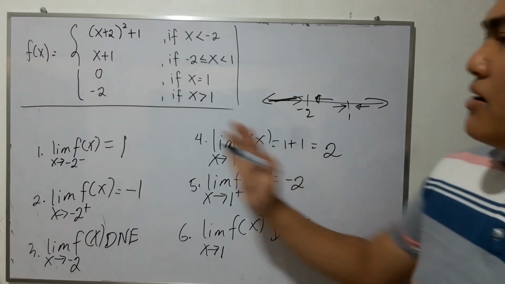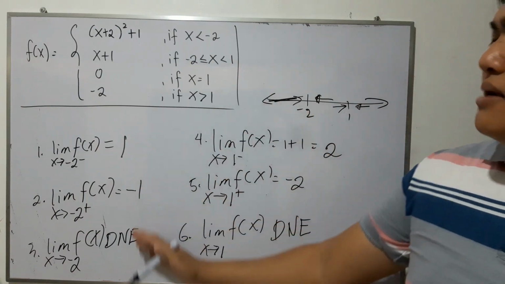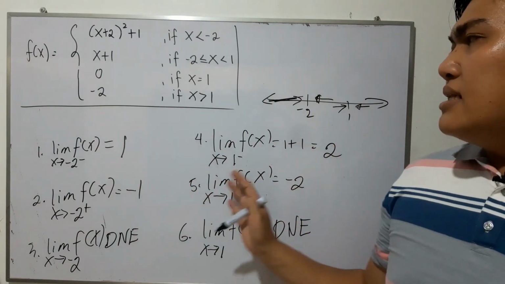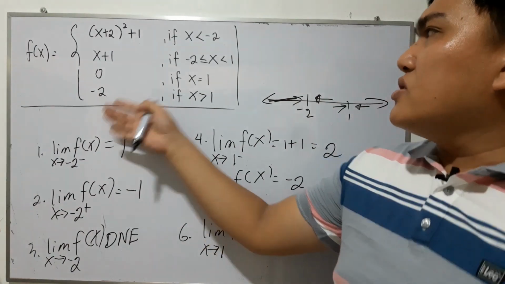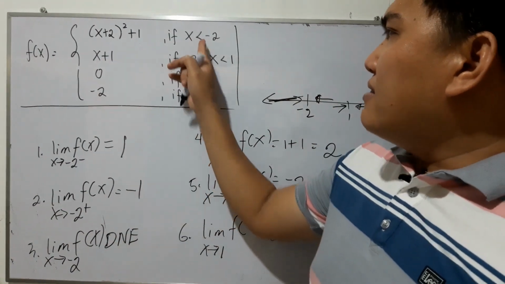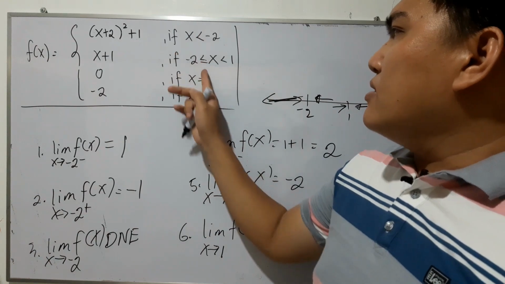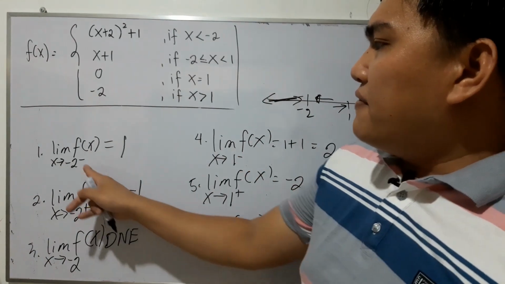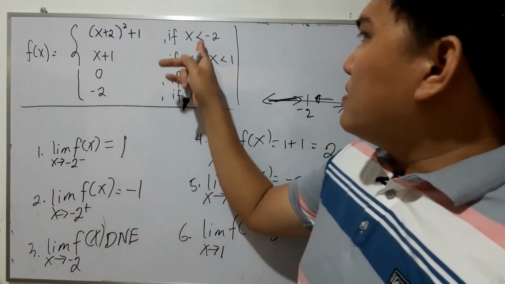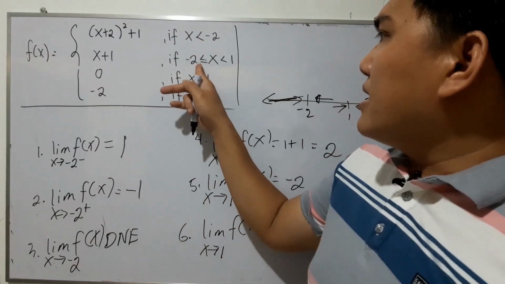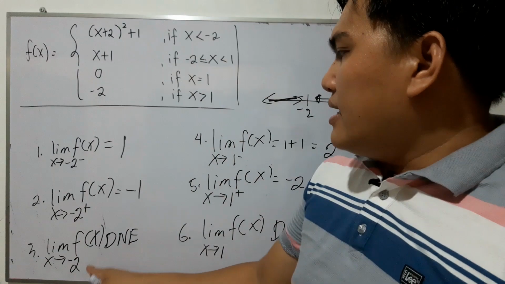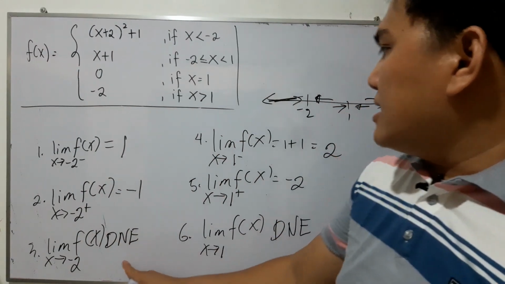Okay, so this is how you find the two-sided limits and the one-sided limits if you're only given the equation of the function. You have to look at these parts here at the domain. If it's from the left of -2, so less than -2. From the right of -2, so greater than -2. And if these two are not the same, does not exist.